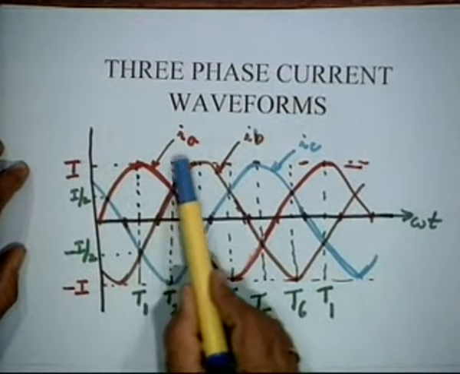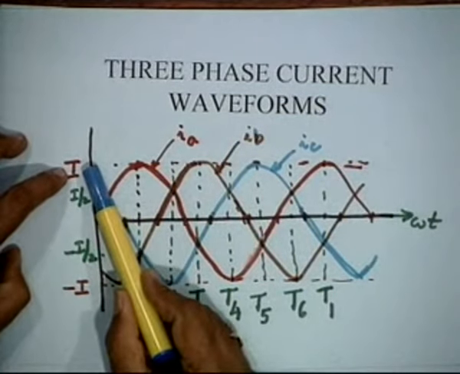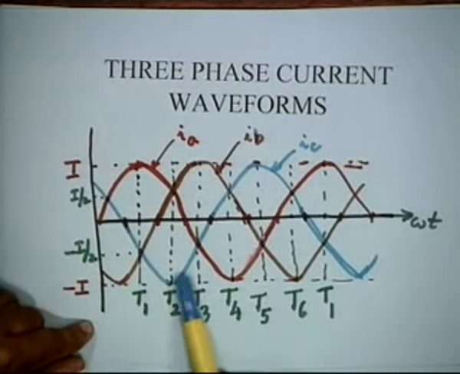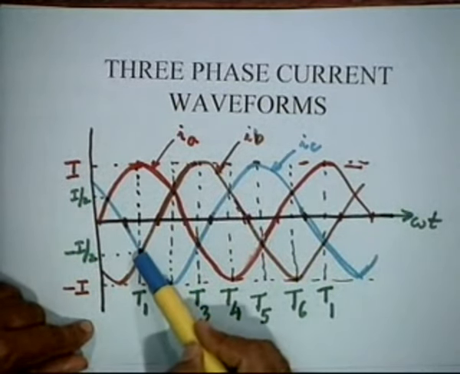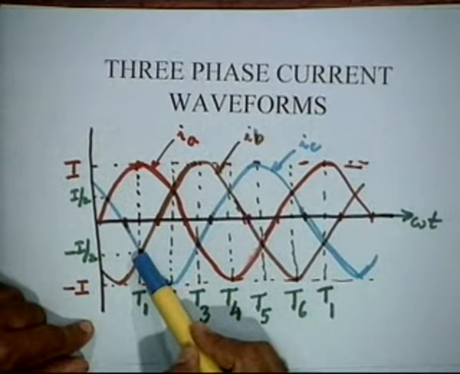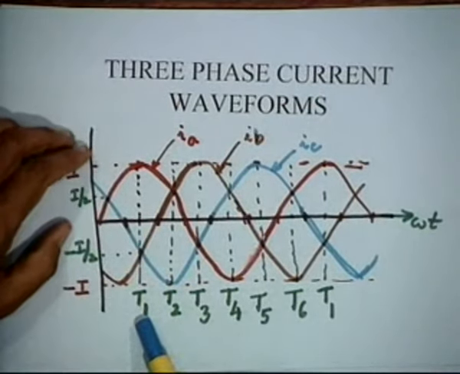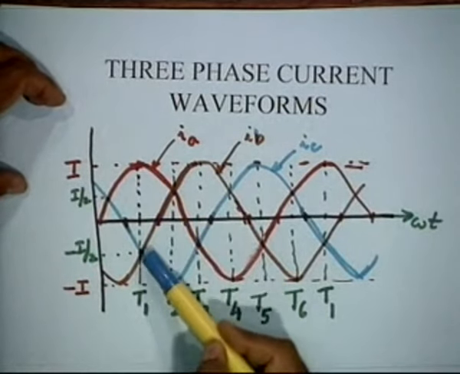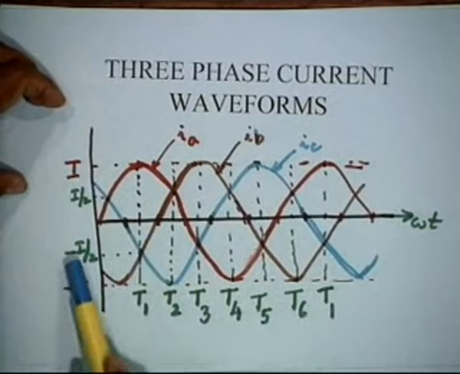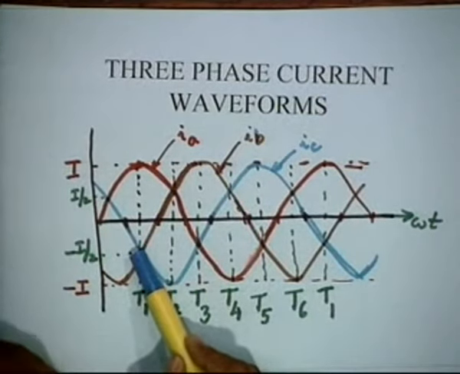But all of them, let us say, have a peak value of I, and the negative peak value minus I. So, at different instances, let us look at the magnitude of currents carried by those windings. Let us take time t1, what current will it carry? A phase will carry I and B phase will carry minus I by 2 and C phase will carry minus I by 2, isn't it?